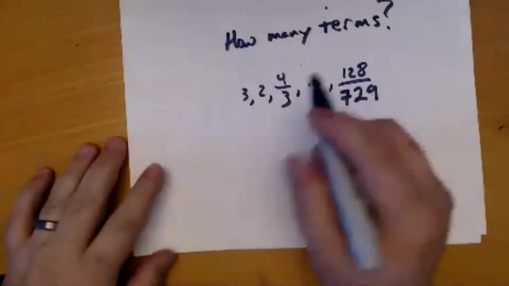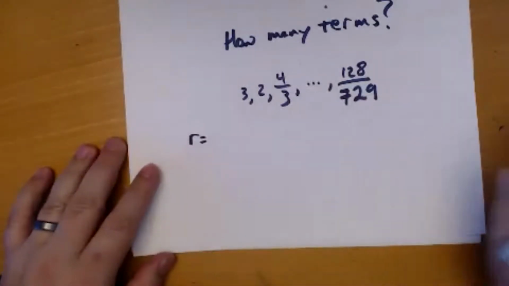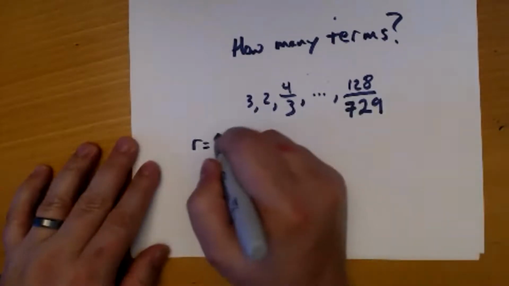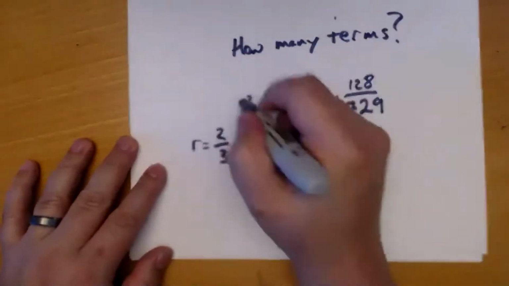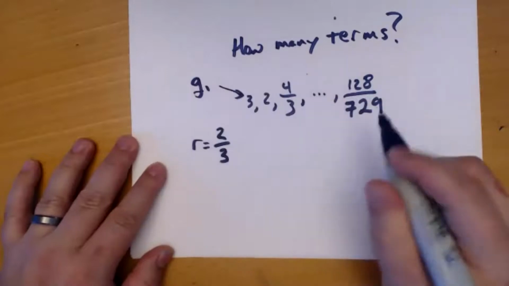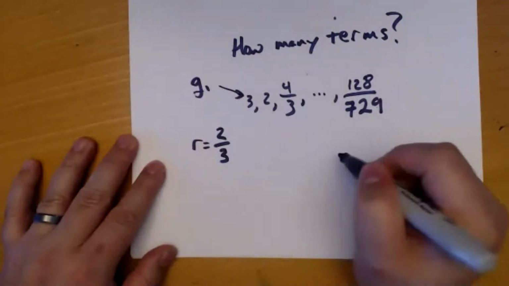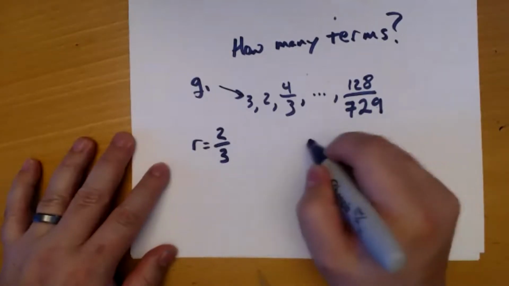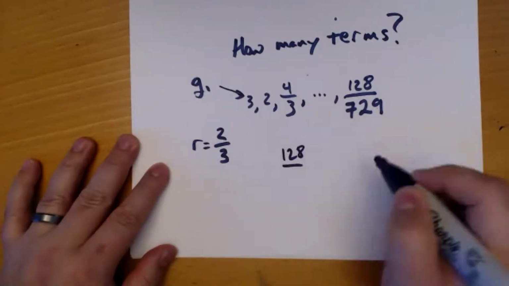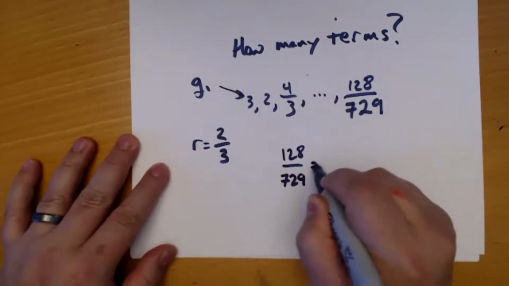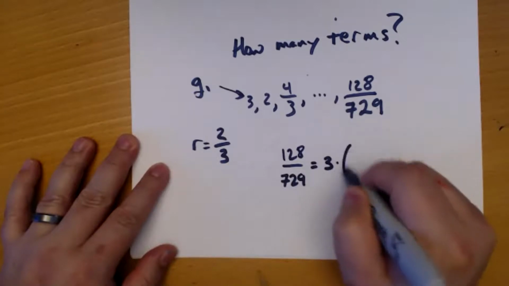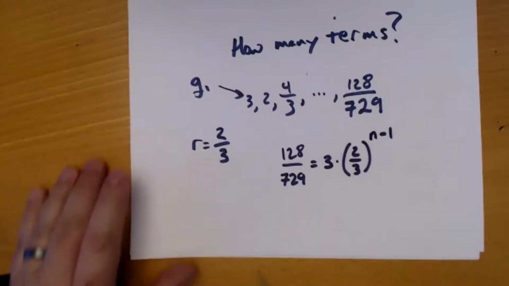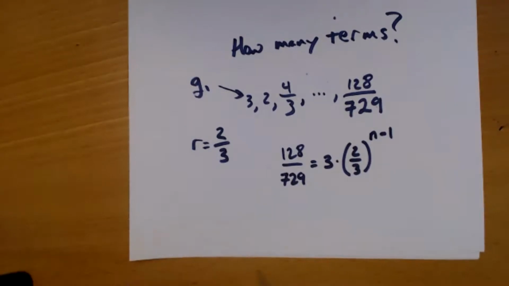Okay, so what's my R? Two-thirds. Okay. And obviously 3 is my G1. So I don't know how many terms there are, right? But I do know that 128 over 729 is made using that formula for whatever n is.